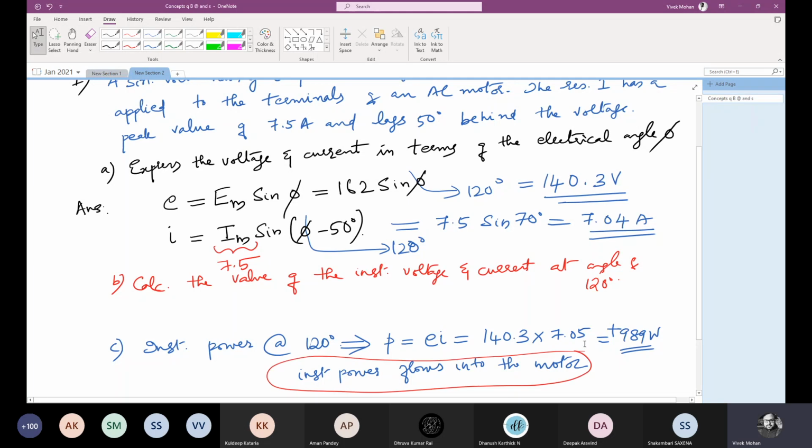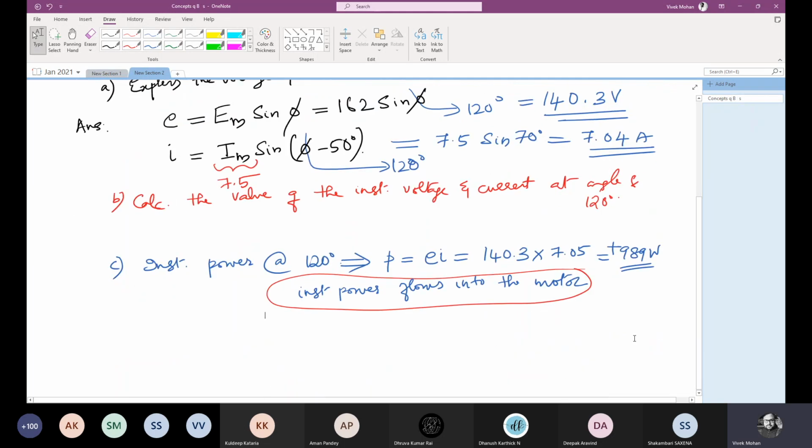Now in the D part, calculate the value of the instantaneous voltage and current. Calculate what, the instantaneous power we have already found.